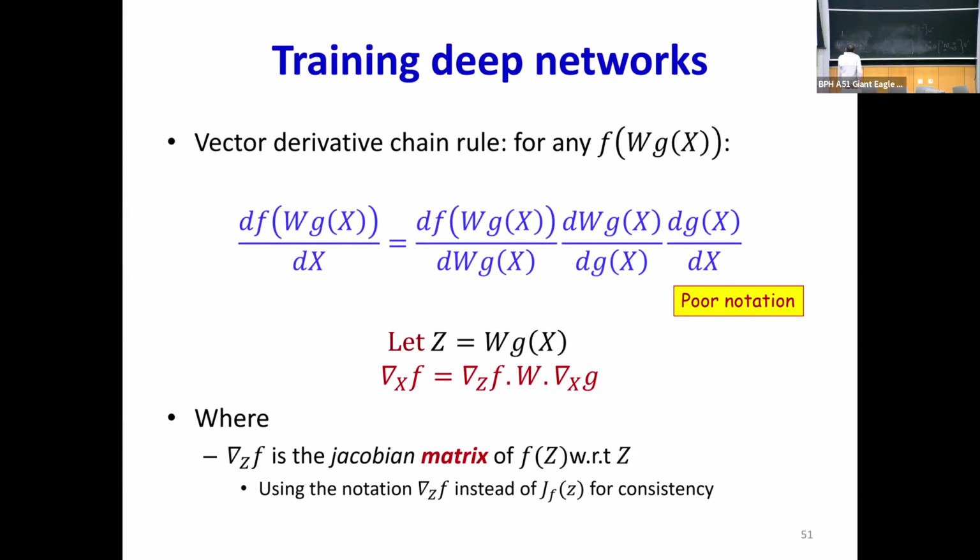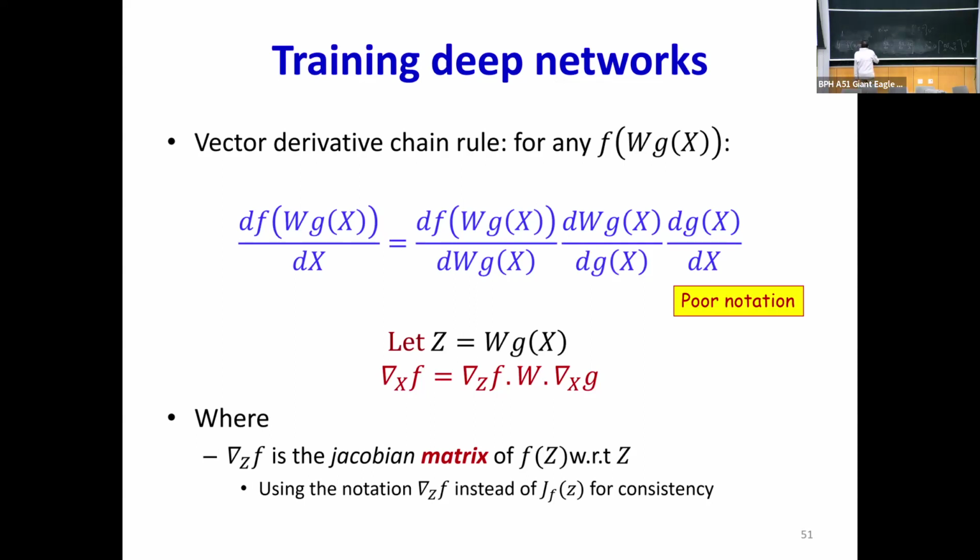So anytime I have something of this kind, if I want dy over dx, I can write z equals wx, so it's dy over dz times dz over dx, right? Or let me say y of g of x, just to show you how nesting happens, okay?